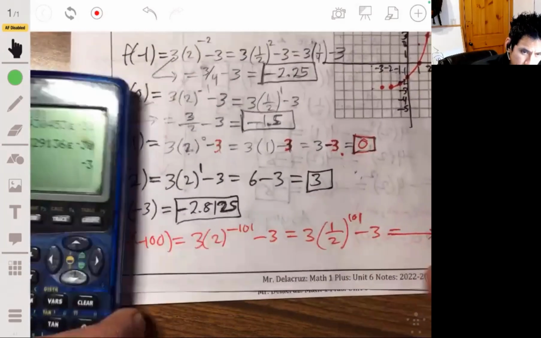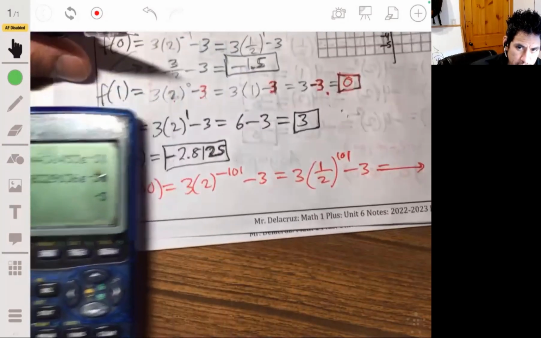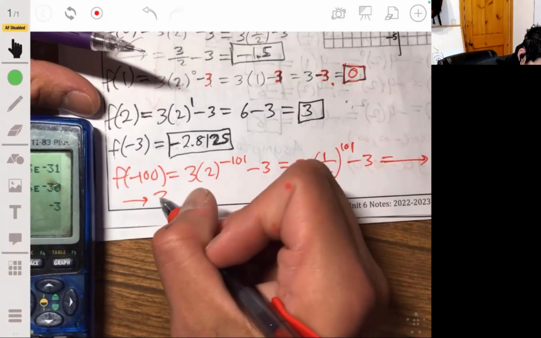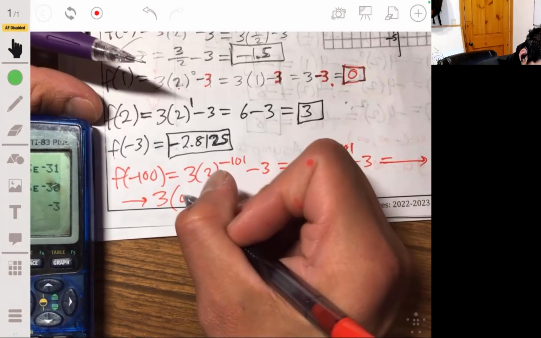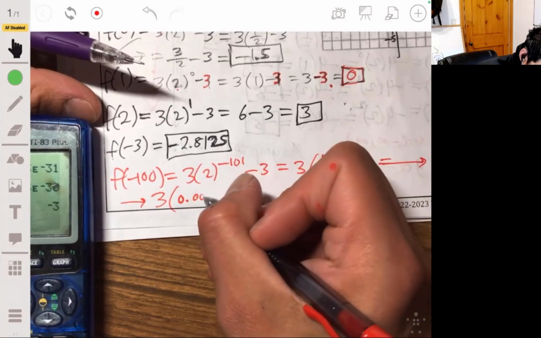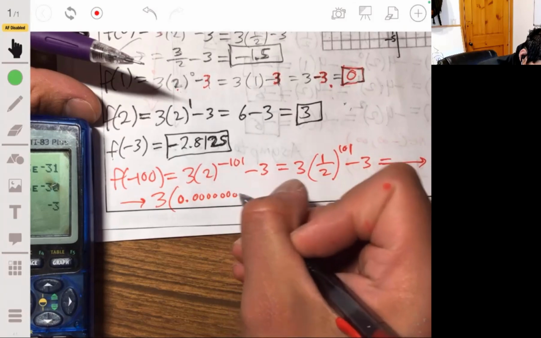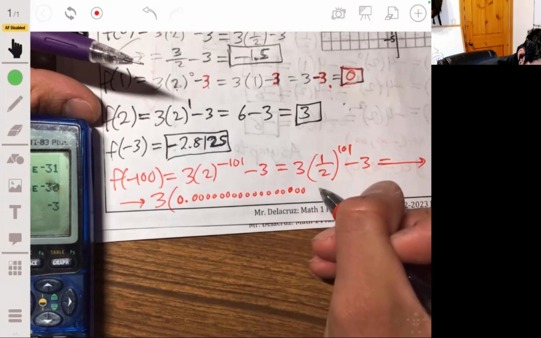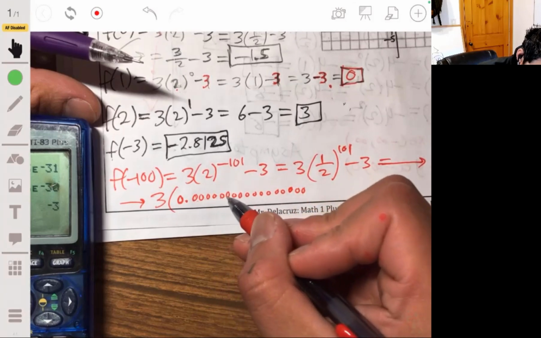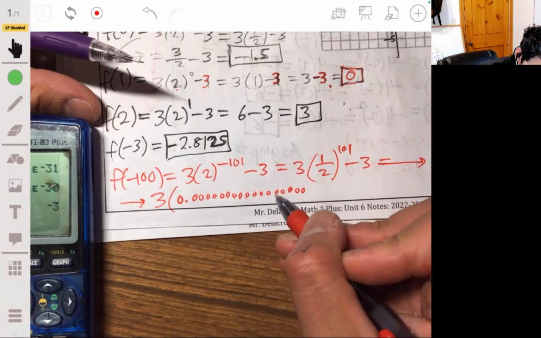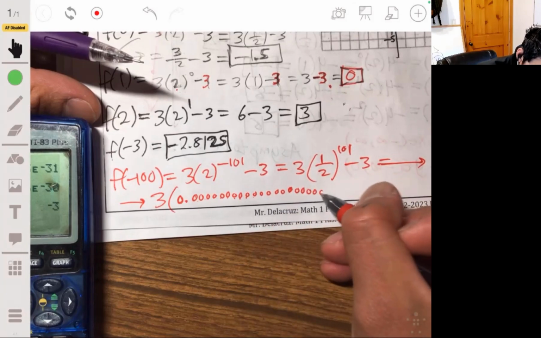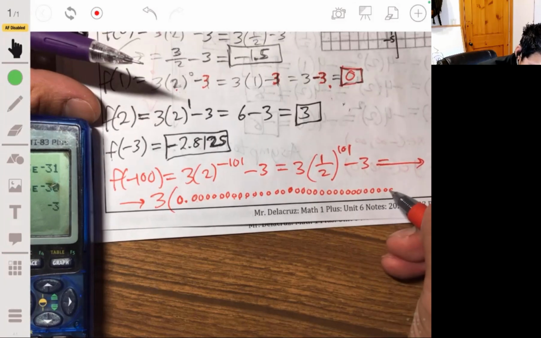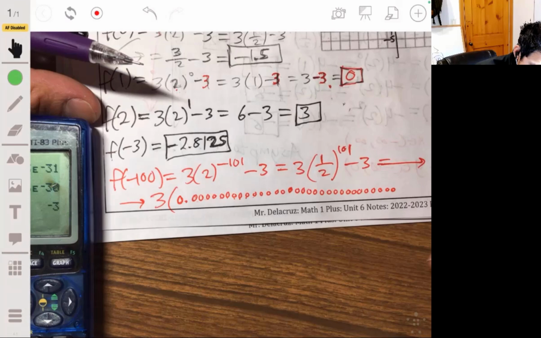But what's going on is, this would be basically 3 times, let me see if I can get this right, 1, 2, 3, 4, 5, and so on, counting the zeros up to 31.